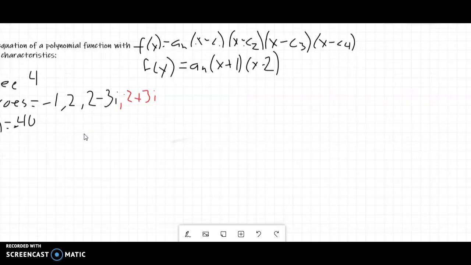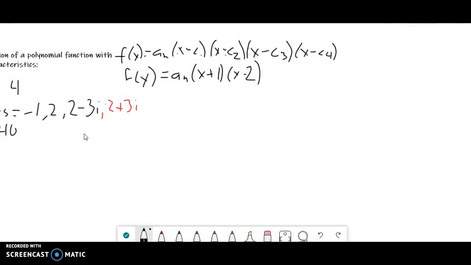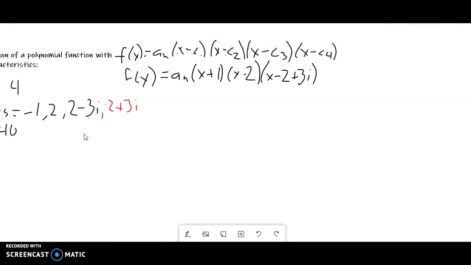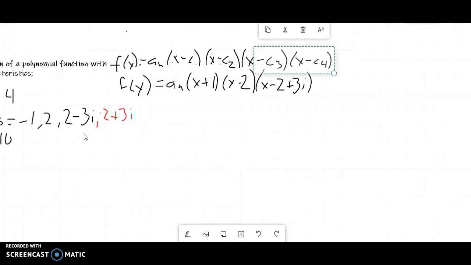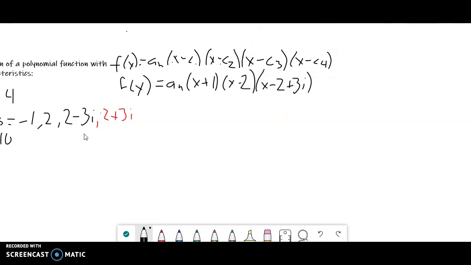Let me shift this over just a little bit. And then next we'll have our x minus 2 plus 3i, because we do have to remember to distribute that negative, the negative from the c right here. We have to remember to distribute that really, to both of our two factors. So we have x minus 2 plus 3i, and then we have x minus 2 minus 3i. That is the 0 in red, again distributing that negative to both the 2 and the 3i.